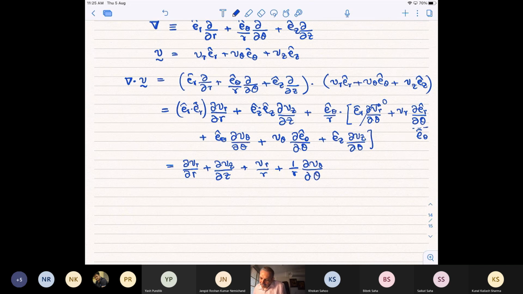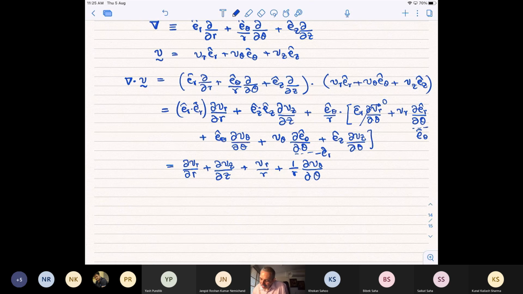And then finally you have this term here, and the derivative of this is just minus Er, and then if you take E theta dot Er, that is 0. Also E theta dot Ez is 0. So that's it. There are no more terms.